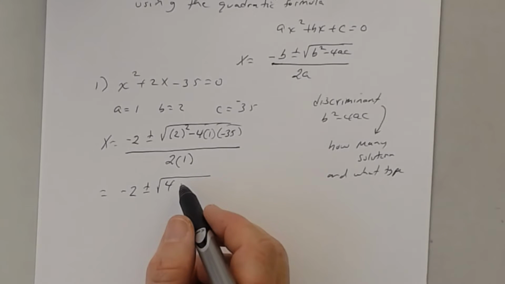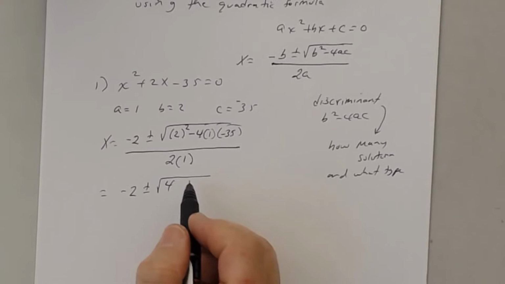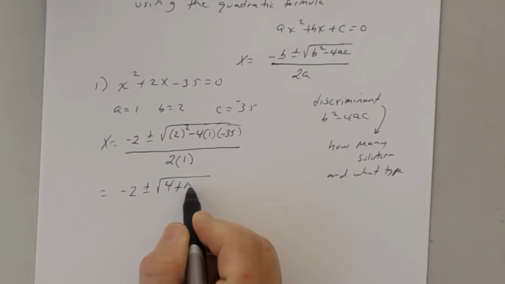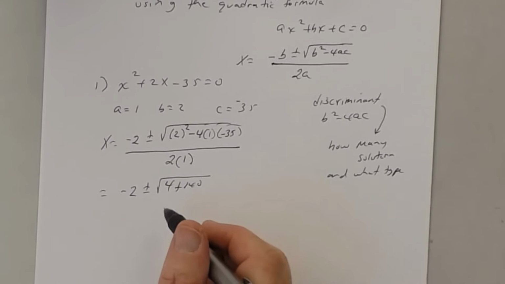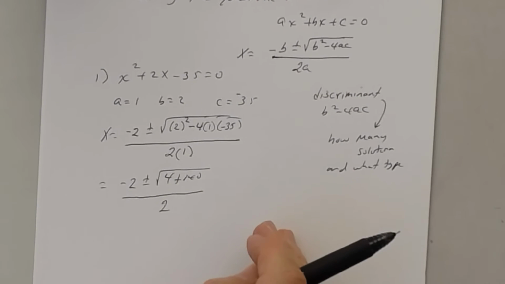Negative 140 or positive 140? Positive 140, because a negative times a positive times a negative is a positive. So you see how some of you said negative 140? You've got to be careful. All that's being divided by 2.